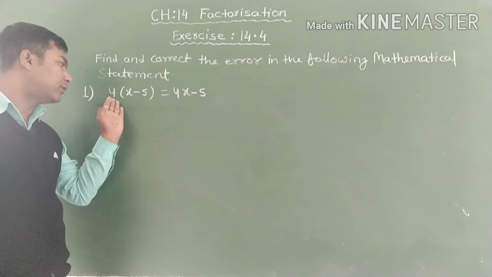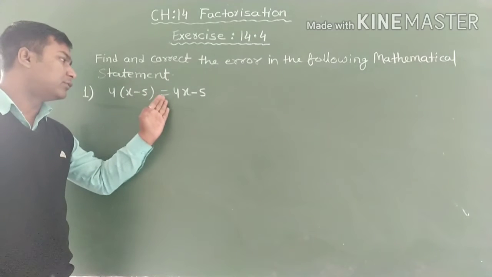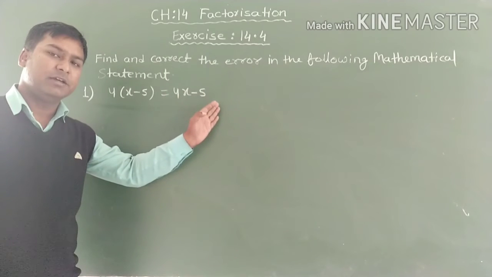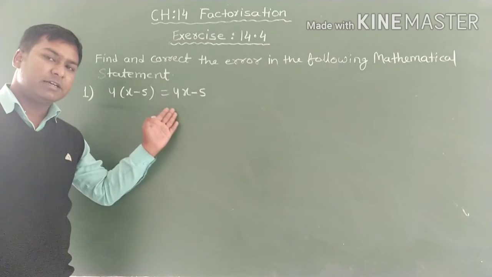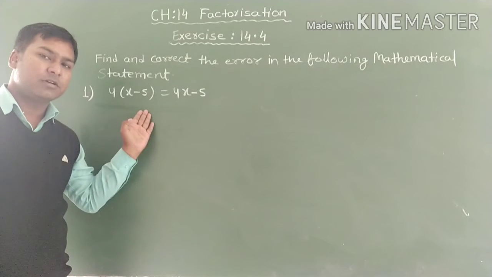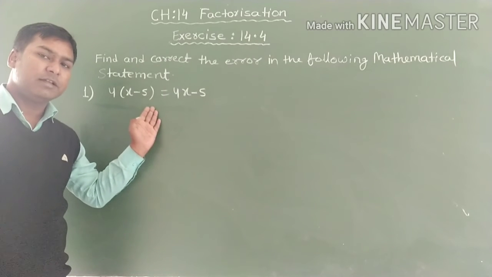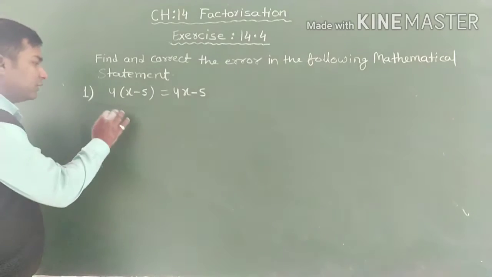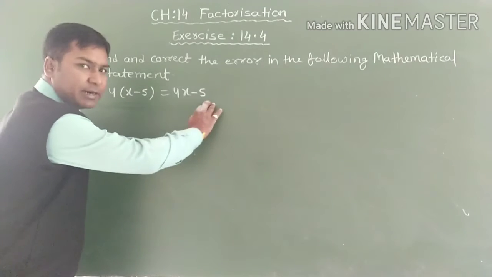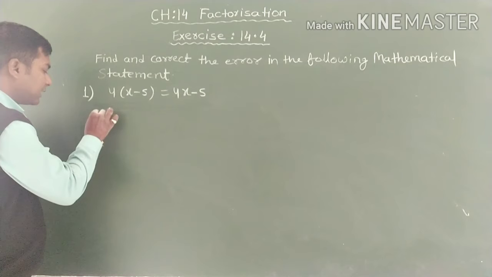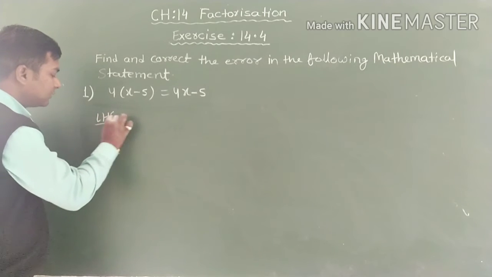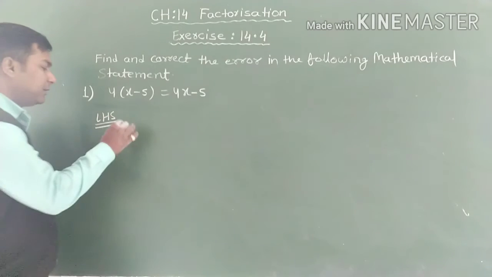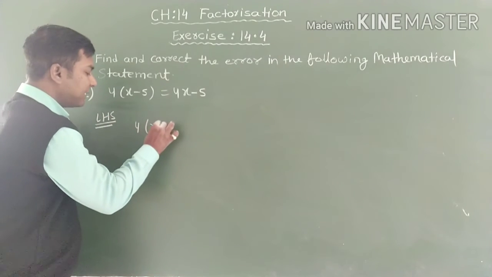It is given 4x minus 5 equals to 4x minus 5. Okay, so here we have to check whether this expression is right or wrong, and if it is wrong then we have to correct it. First of all, this is LHS part and this is RHS part. So just take LHS part. It will be 4x minus 5.